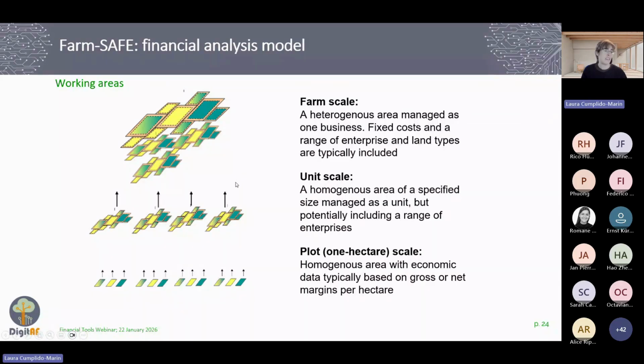The unit scale is a homogeneous area of a specific size managed as a unit, but can potentially include a range of different enterprises. And the plot scale is a 1 hectare area that is based on gross or net margins per hectare.